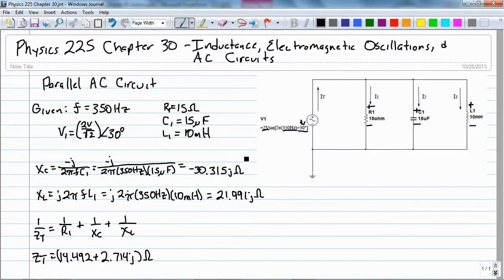Next, I can calculate the total current now that I have the potential V1 and the total impedance. My current total is going to be equal to V1 over ZT.